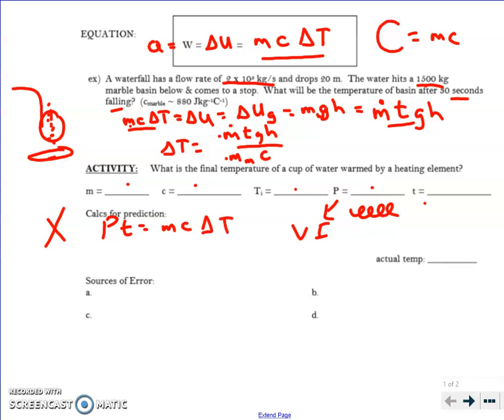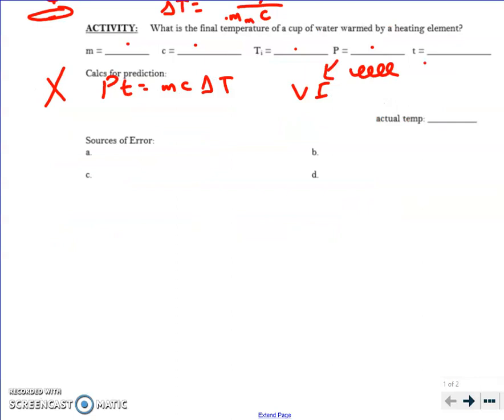If we do it, we would get a prediction, and our prediction shouldn't be awful, but it's not necessarily going to be as accurate as we might like. When you're talking about experiments, especially in the IB, they want you to understand what the sources of error are. So again, I have this element in some water, I put it in there, I run it for a time, and what are sources of error?